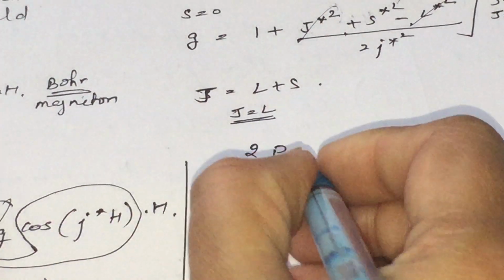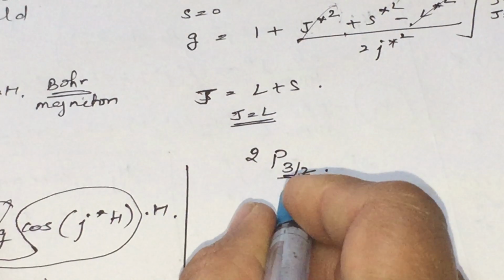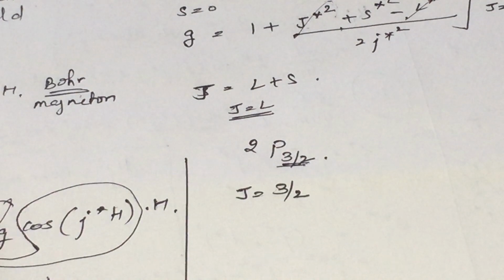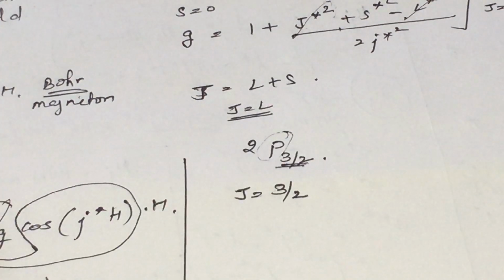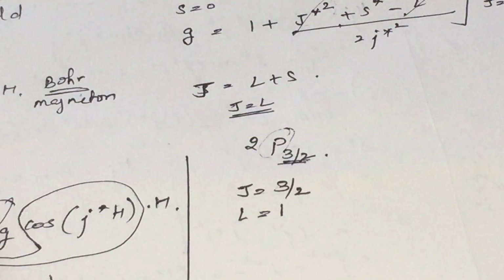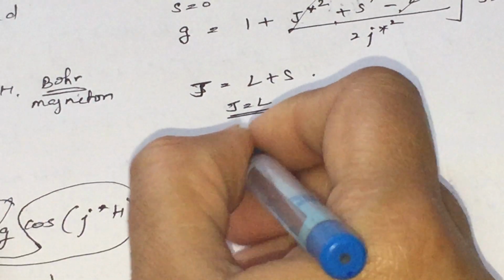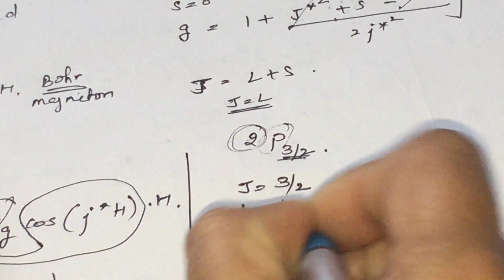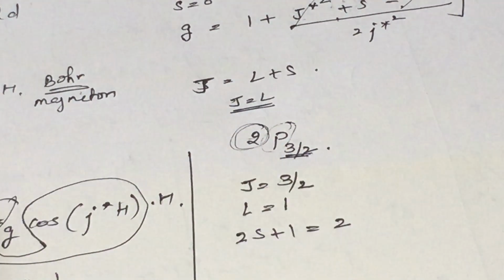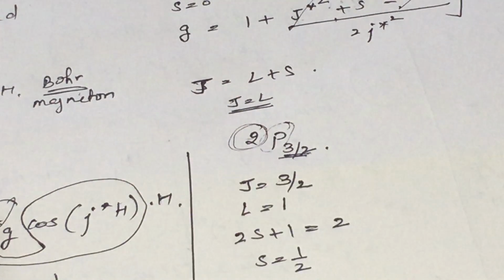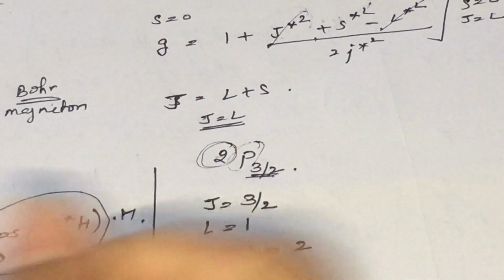In this case I very well know that this subscript term is representing the value of J, and this alphabet is giving me the value of L, and I very well know that this is nothing other than multiplicity. This is equal to 2S plus 1, and here this is equal to 2. It means in my case S is equal to 1/2.